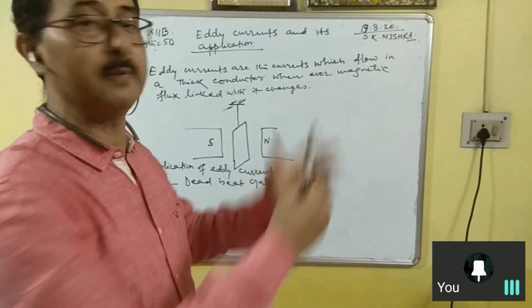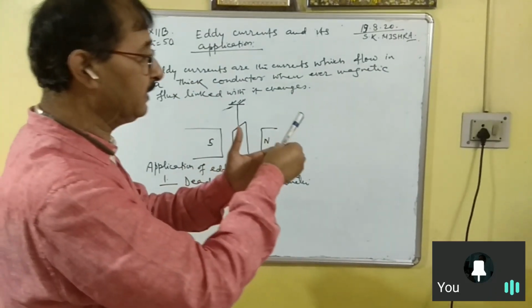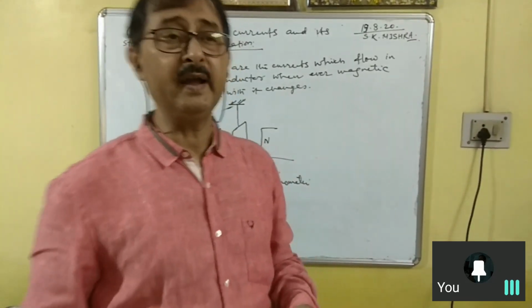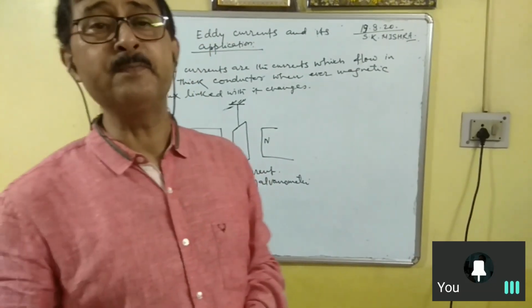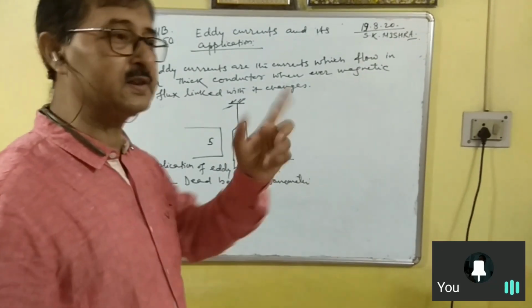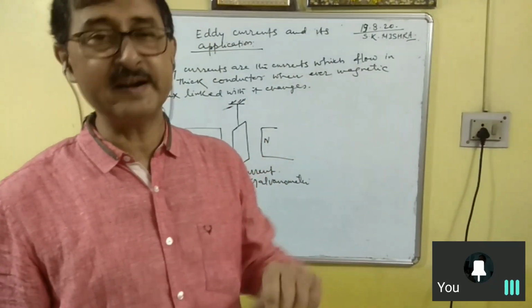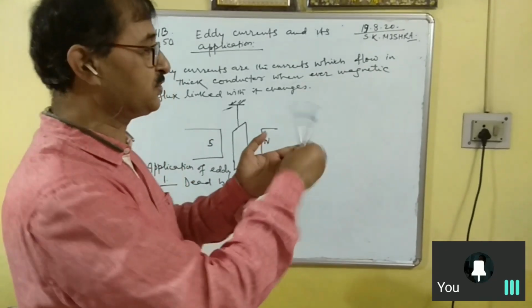This is a problem. If you want to stop it immediately, then the coil should be wound over a metallic frame, and because of the change in flux linked with the metallic frame, some induced current, that is eddy current, will be produced, and this eddy current will oppose the oscillation of the coil.